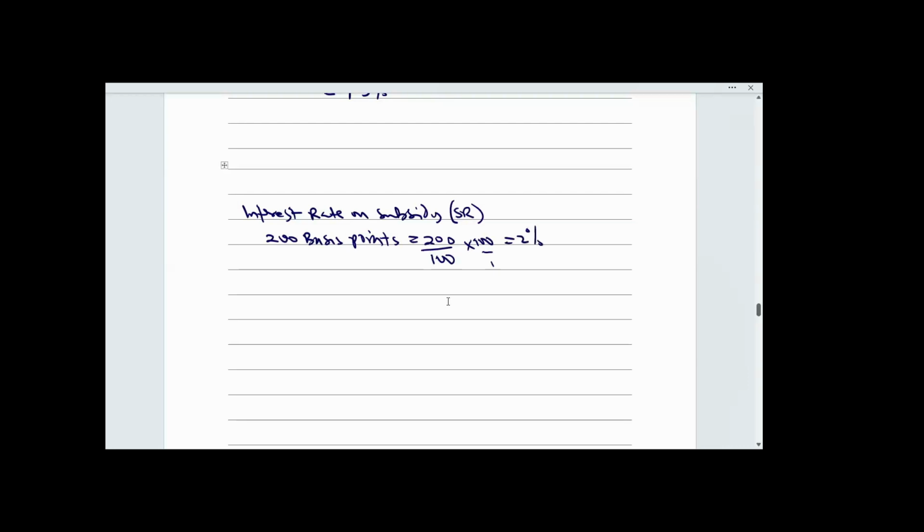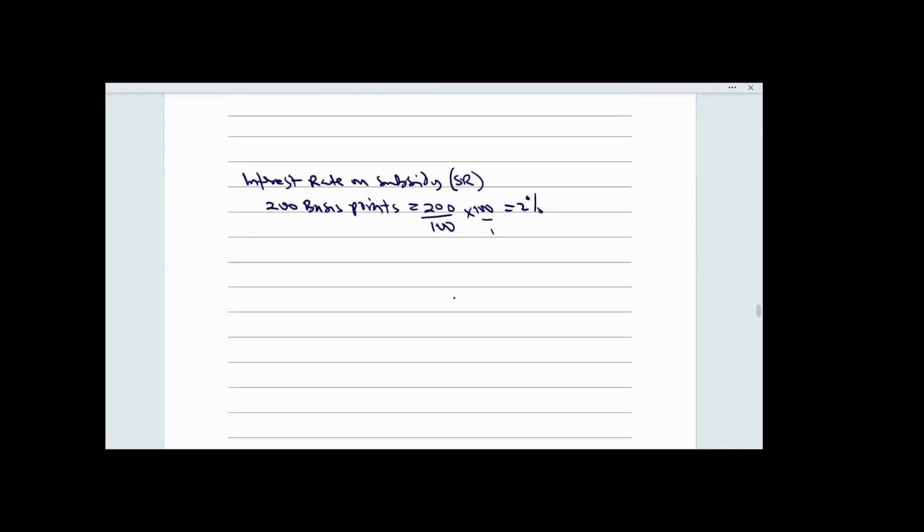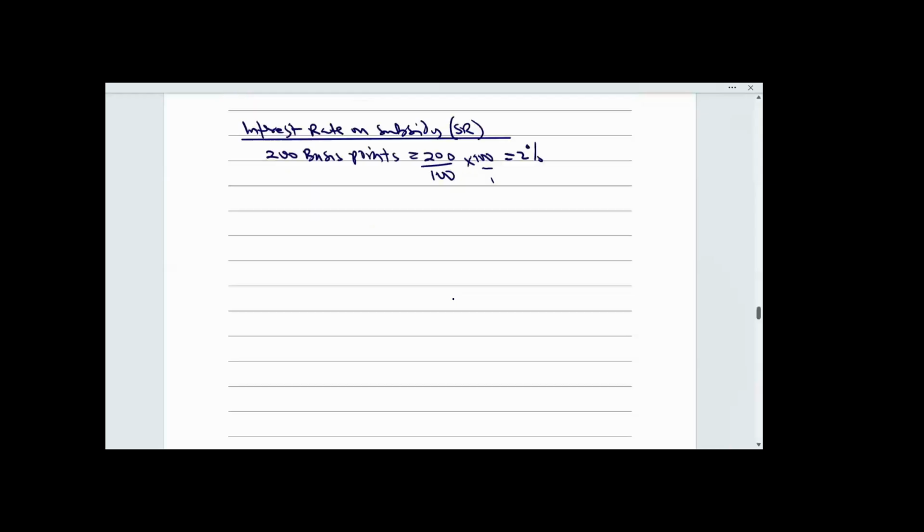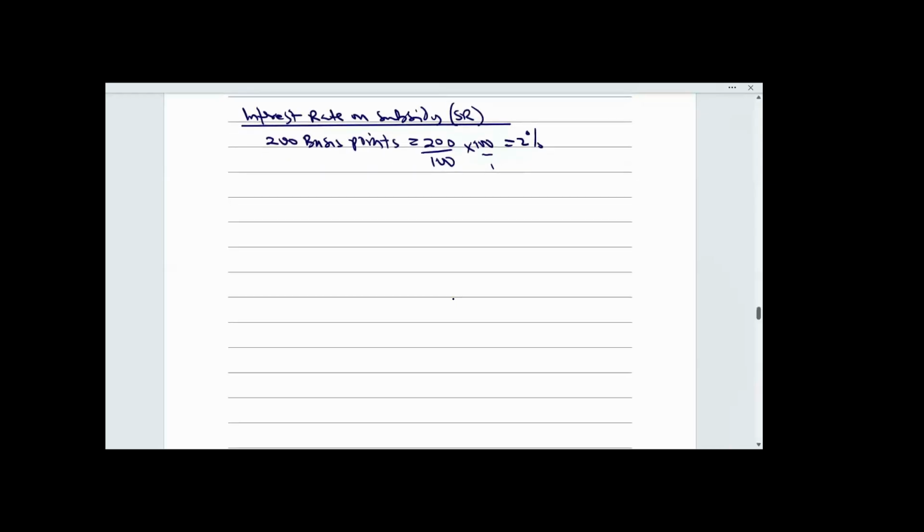So the interest rate on the subsidized loan is 200 basis points below AHES borrowing rate. The borrowing rate is 7.5%. Therefore, SR will be equal to 7.5% minus 2%, which gives us 5.5%. That's the interest rate on subsidy.